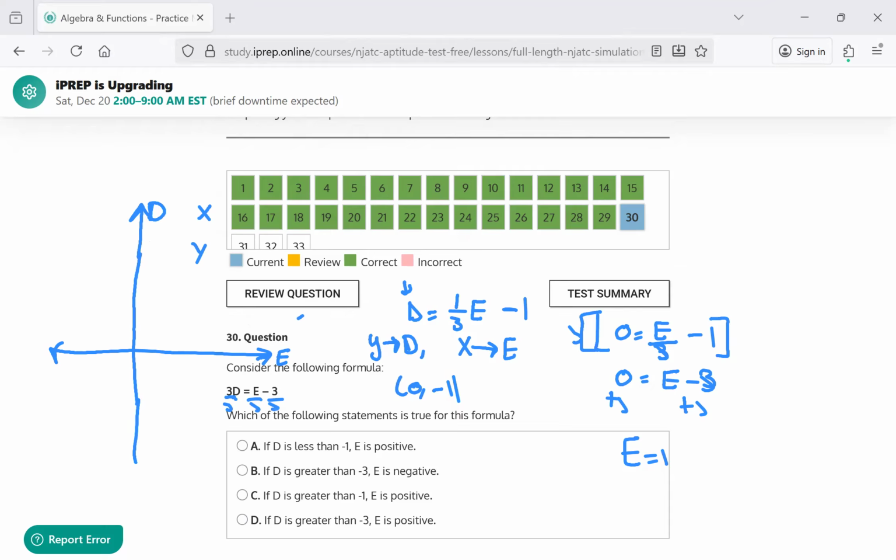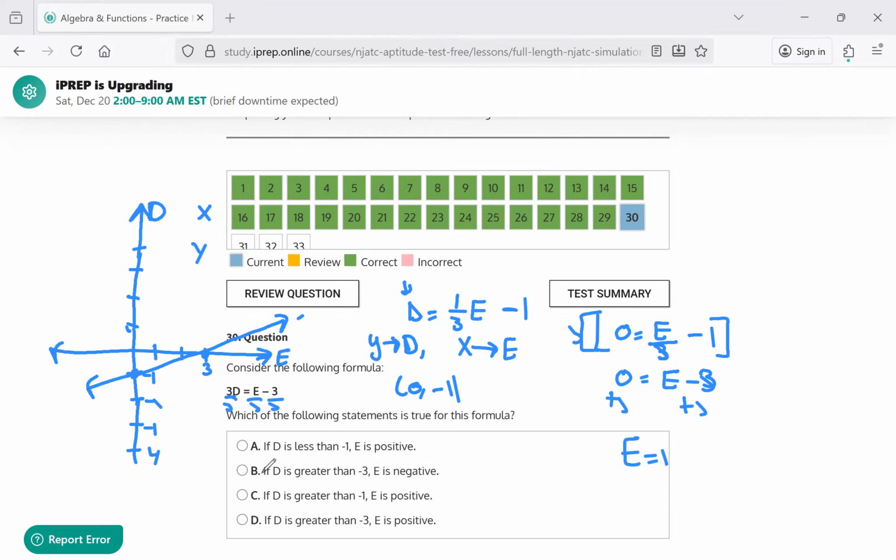My x-intercept is +3. My y-intercept is -1.